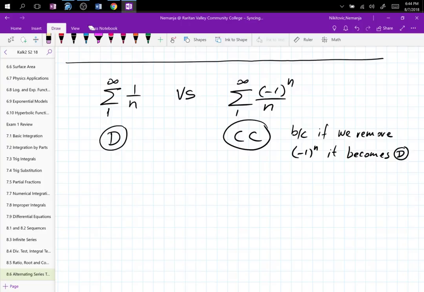So conditional convergence converges under the condition that the alternating term is present. If you remove it, it diverges. That's that. And now go to homework and take a look at some of the examples that are there for absolute convergence.